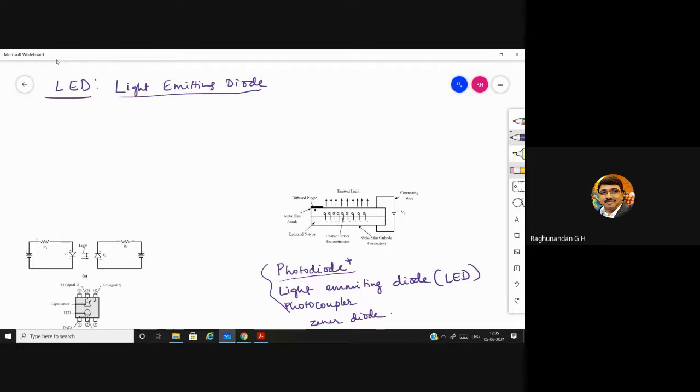Everywhere we are using LED screens because of their clarity. So an LED is a PN junction which is going to do the reverse process of the photodiode.